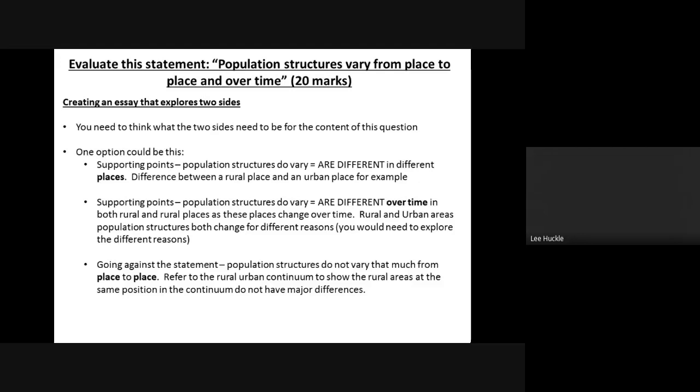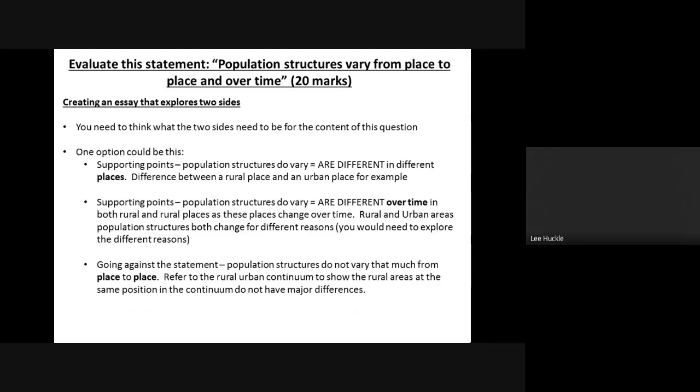So in this case, population structures do not vary that much. Now I've been crafty here. We all know rural areas change and urban areas change. But which change more? So I've put there population structures do not vary that much from place to place.